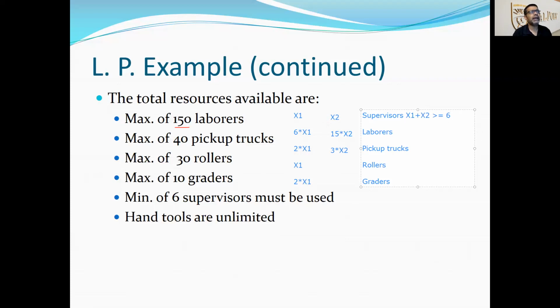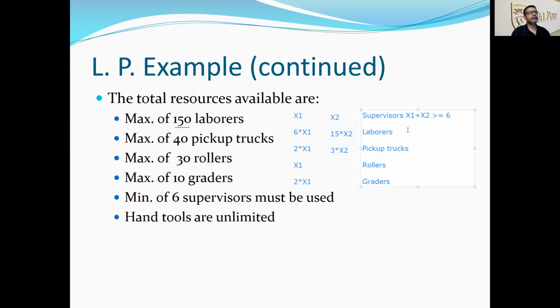Similarly, now I can write the laborers constraint. What's the total number of laborers I'm going to be using if I'm employing x1 units of technology 1 and x2 units of technology 2? Okay, I see some responses already, that's pretty quick. The laborer limit is 150.